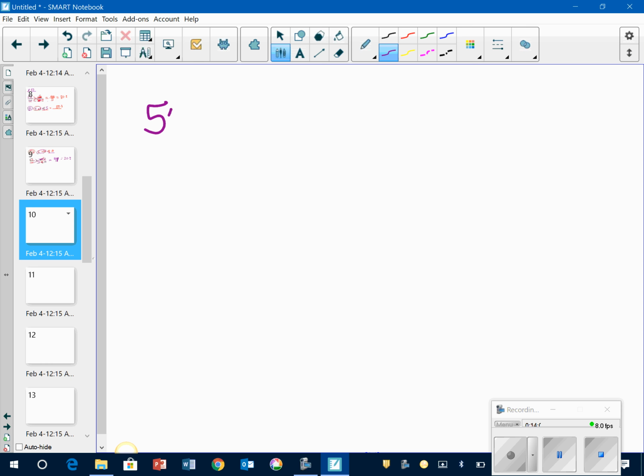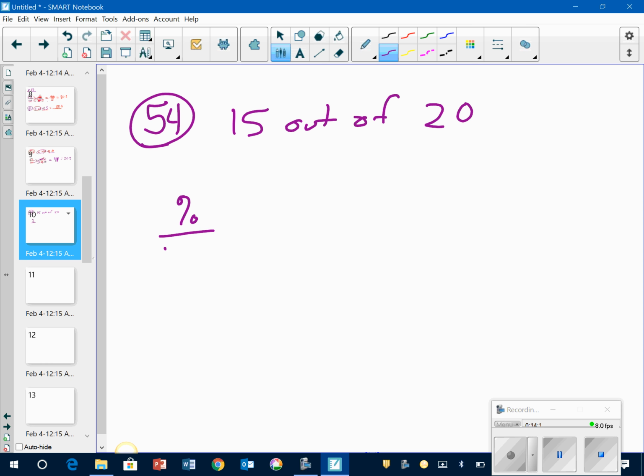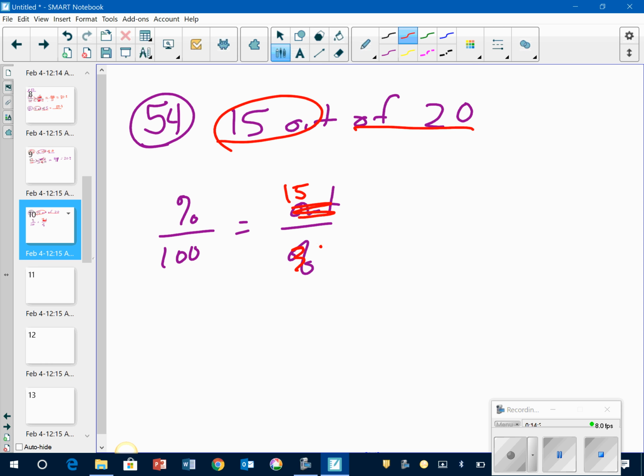Okay, number 54. Again, you want 15 out of 20. So you have your percent over 100 equals out over of. The out number is 15 of 20, and this will be x because it's our missing number.